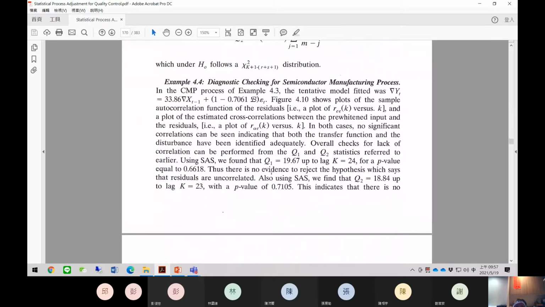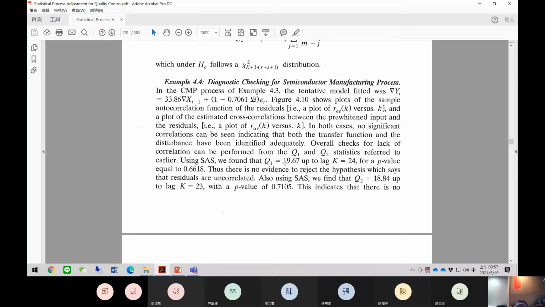So then an overall check for lack of correlation can be performed, using the Q1 and Q2 statistics referred to earlier, computed with SAS, the Statistical Analysis System.